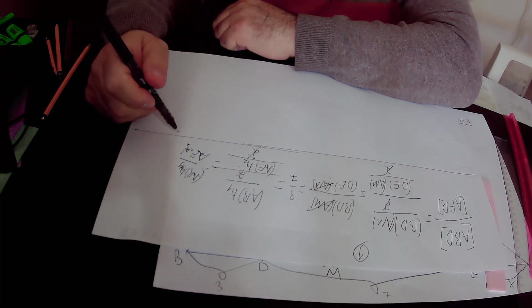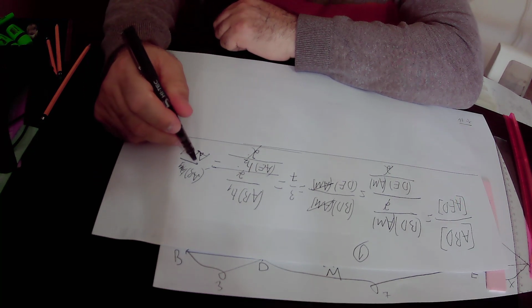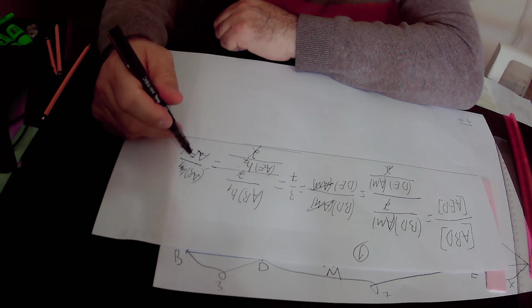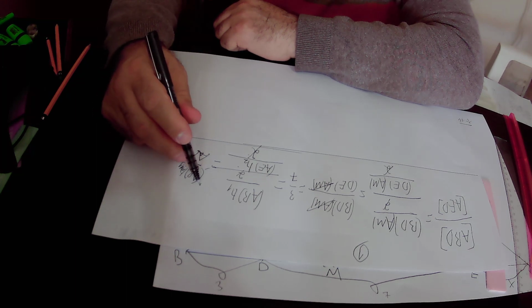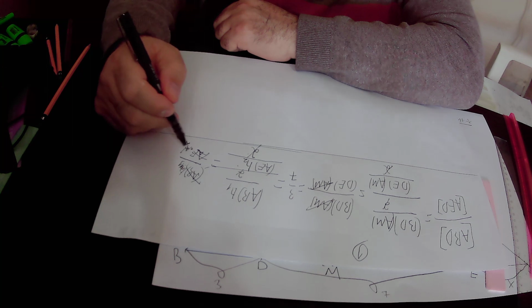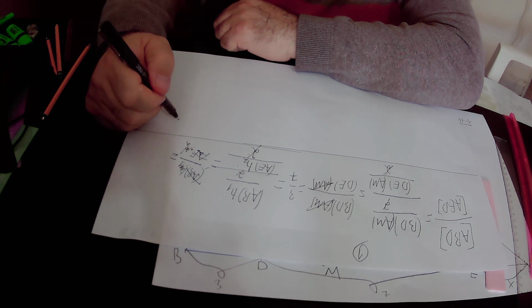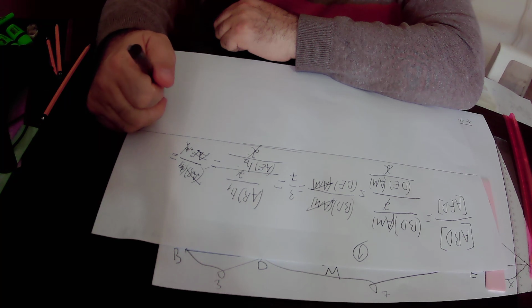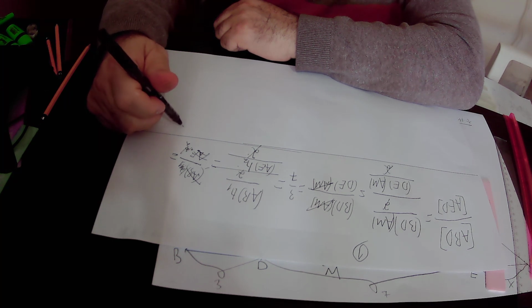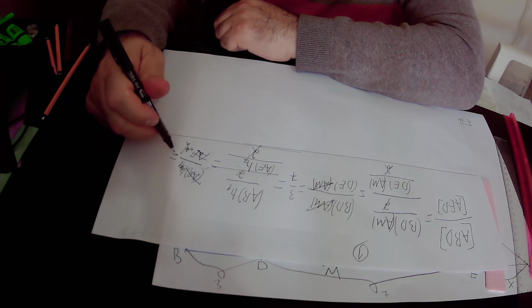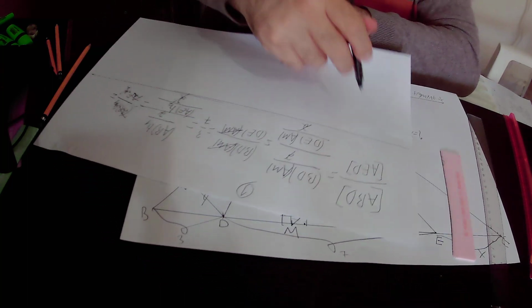We know that AB equals AE, as given in the question, so AB over AE equals 1, so it gets cancelled. And we are left only with H1 over H2. So we find the values of H1 and H2 and put them inside equation number 1.